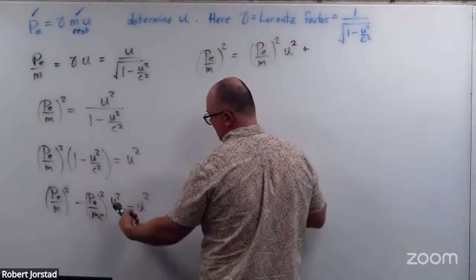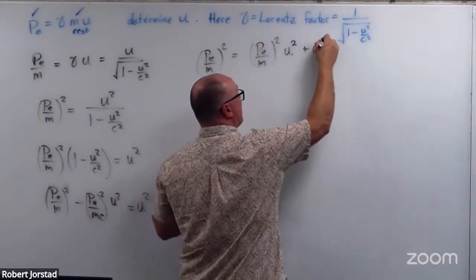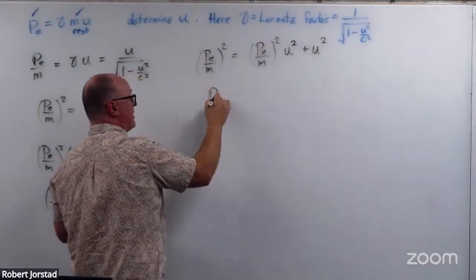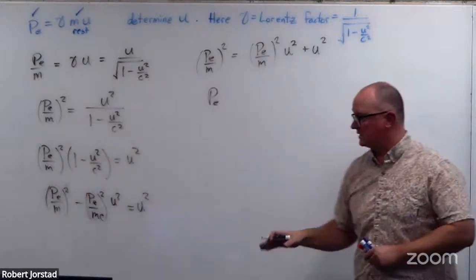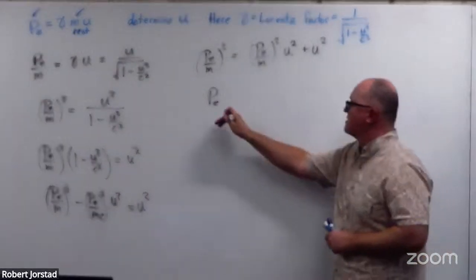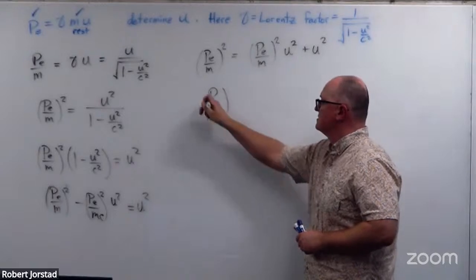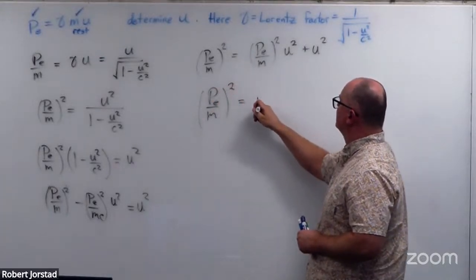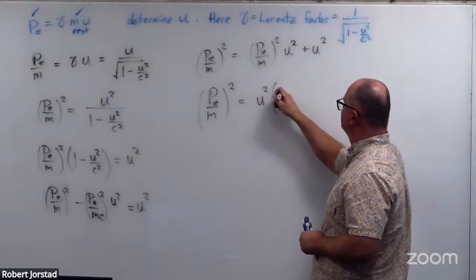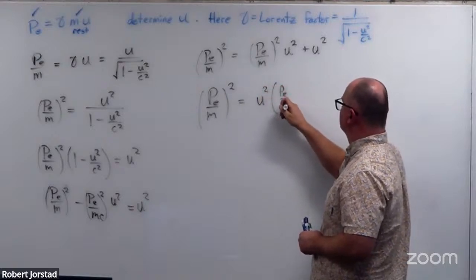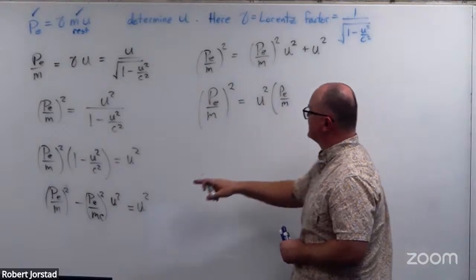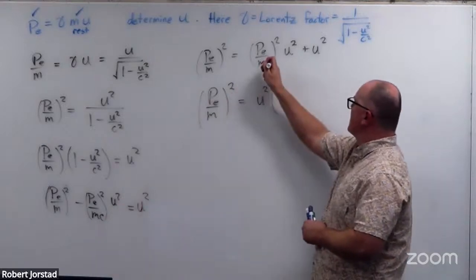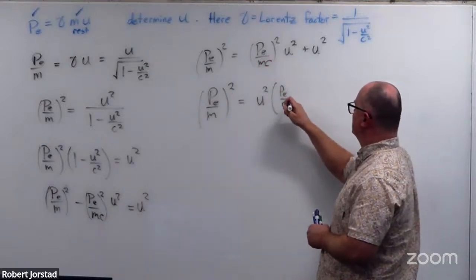Let's see, this is going to be plus. I'm going to get out of the way just to make sure you can see that. Oh, I forgot a C. That's tricky.